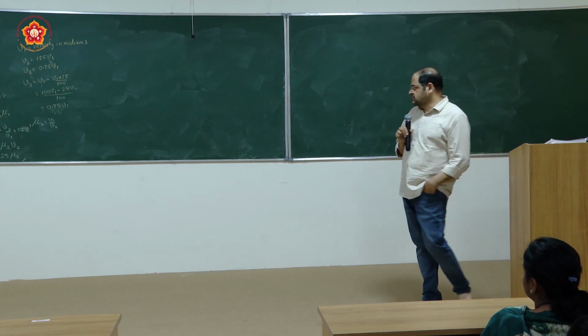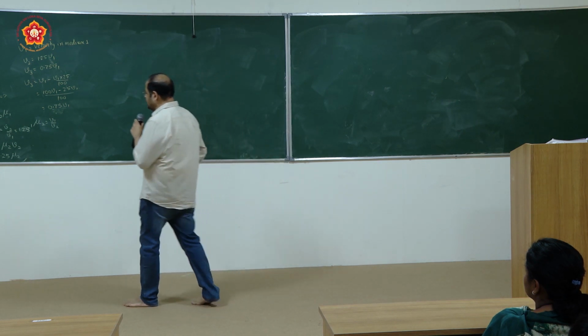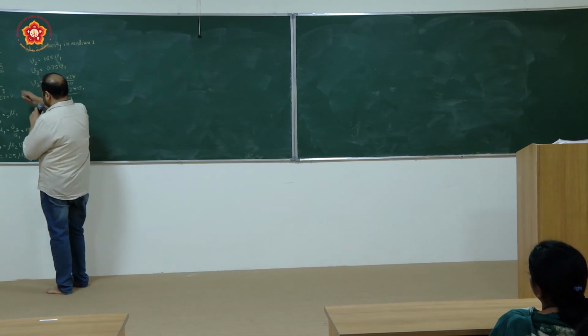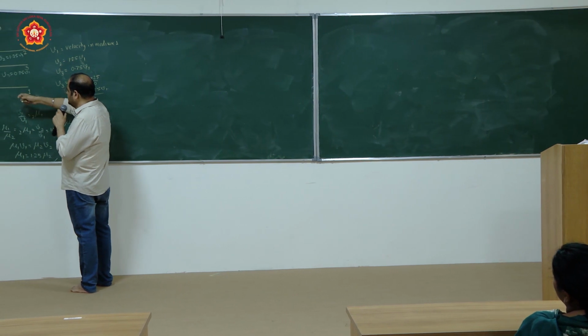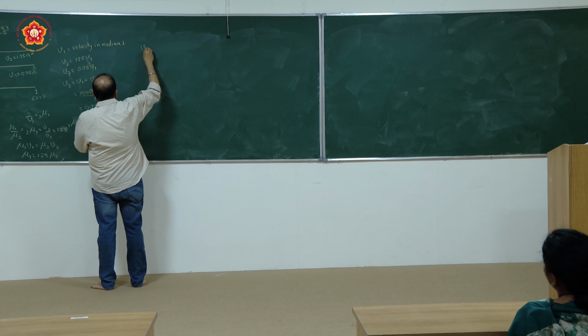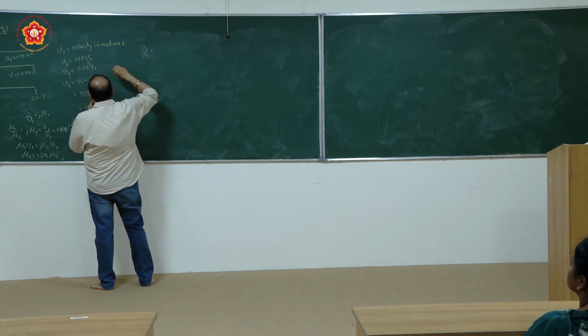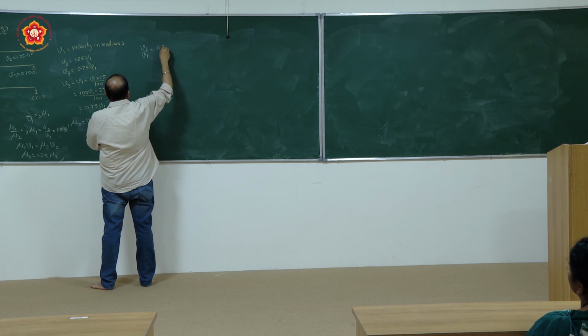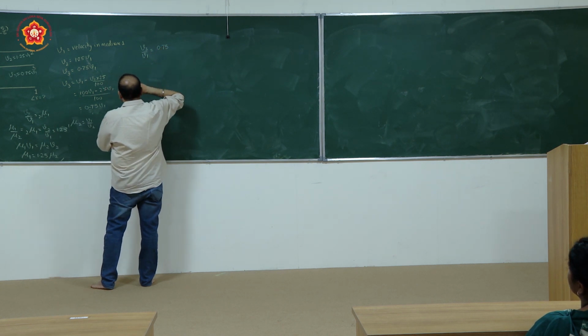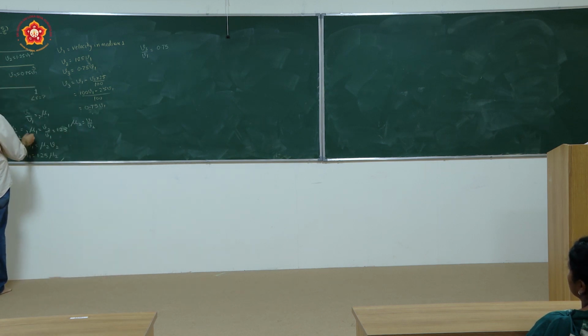Right? What about the second and third? What will be the relation for second and third? That is, it will come for third and first. So V3 by V1 is equal to 0.75. What is V3 by V1 as per this definition? Refractive index of 1 with respect to 2 is above.